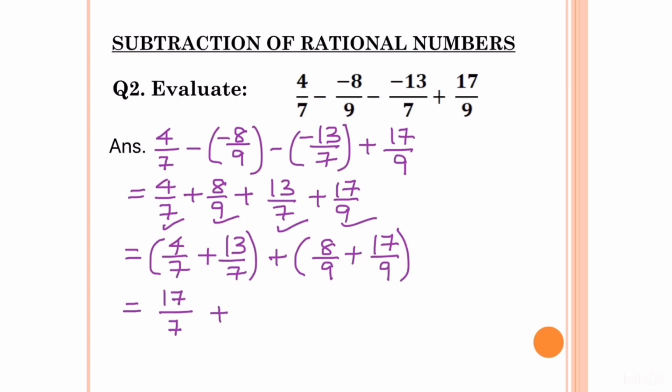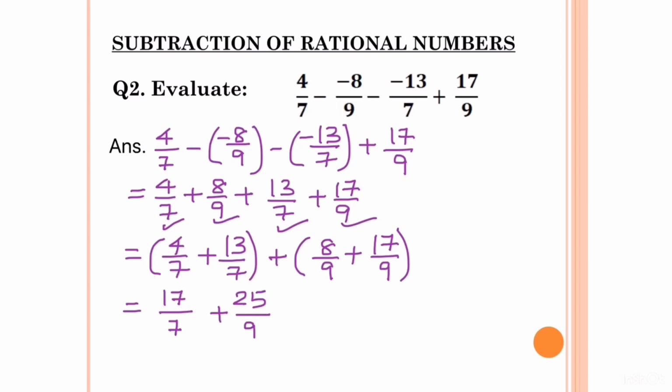Plus, in the second bracket, here also we have the same denominators. So we will take 9 as the common denominator and we will add the numerators. 8 plus 17 is 25.